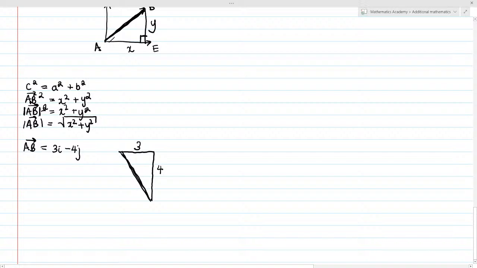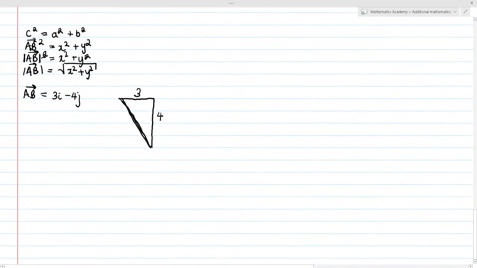Or you can just use the formula directly. What the formula tells us is that we take the x component, or the horizontal component, which is 3, and we square it, and then we add to that the vertical component, which in this case is -4, and we square that, and then we have all of this under a square root.